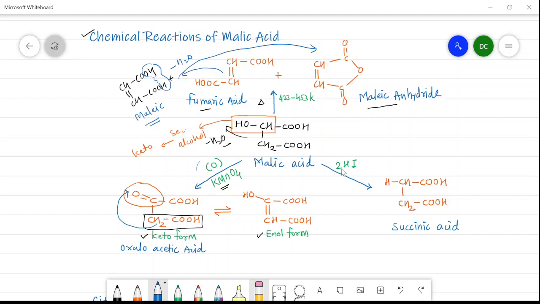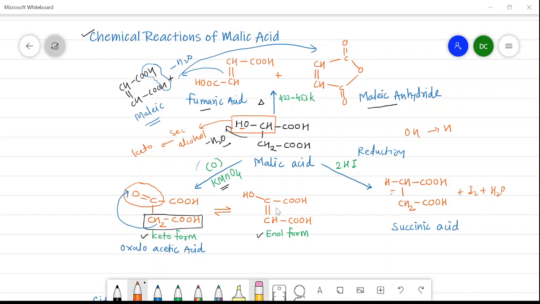Then the last reaction of malic acid is the reduction of malic acid. In the reduction, the OH group which is present at this carbon is replaced by hydrogen. So in the presence of hydrogen iodide, we get succinic acid. Here, the OH group is replaced by hydrogen, and we get here succinic acid along with I2 and H2O.